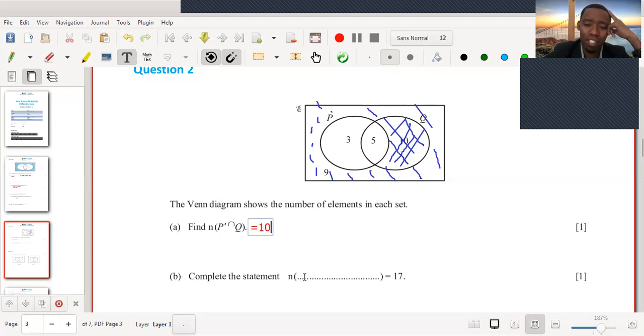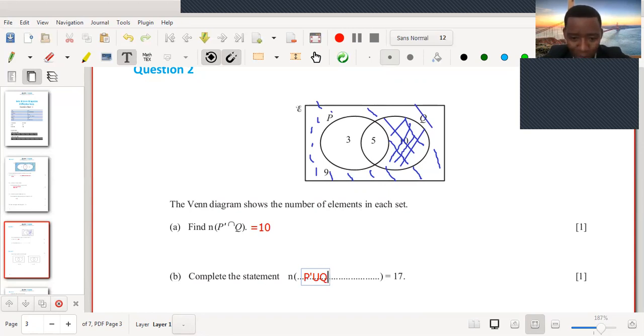If we do P complement union Q, what do you get? Let's think about it for a moment and see if it makes sense.